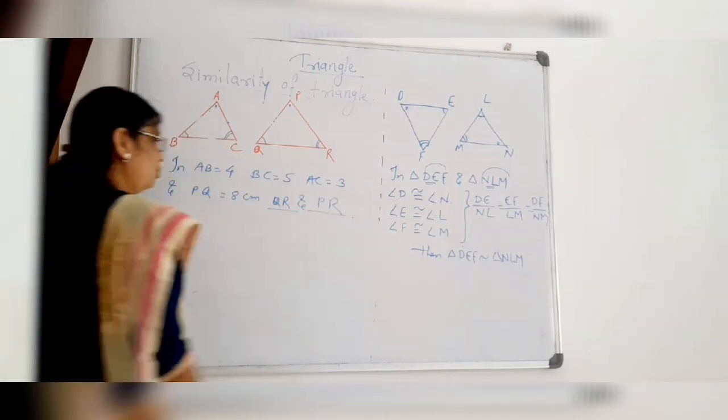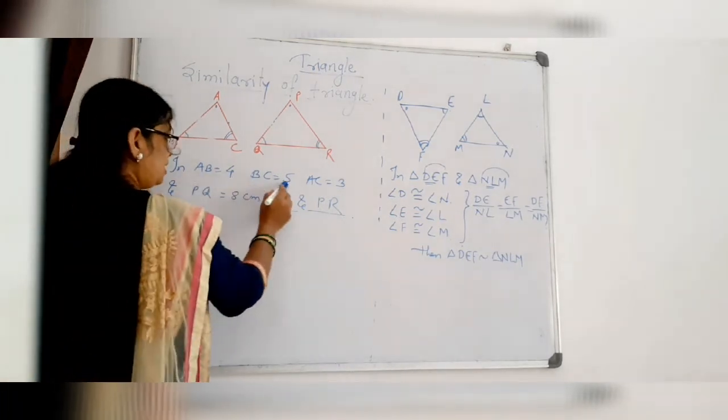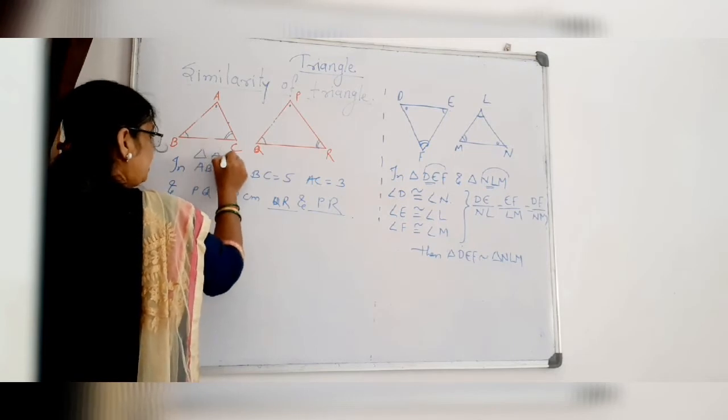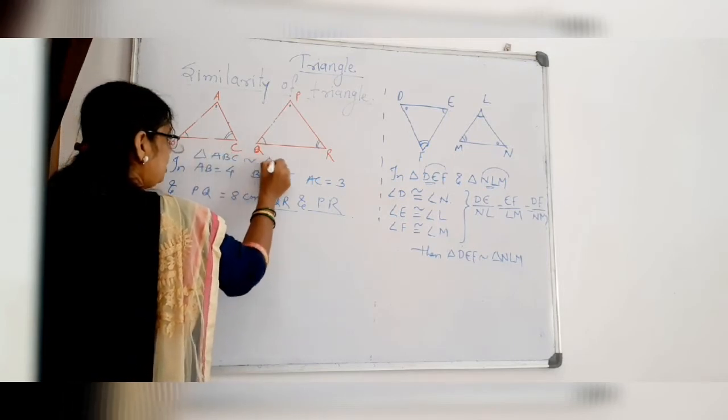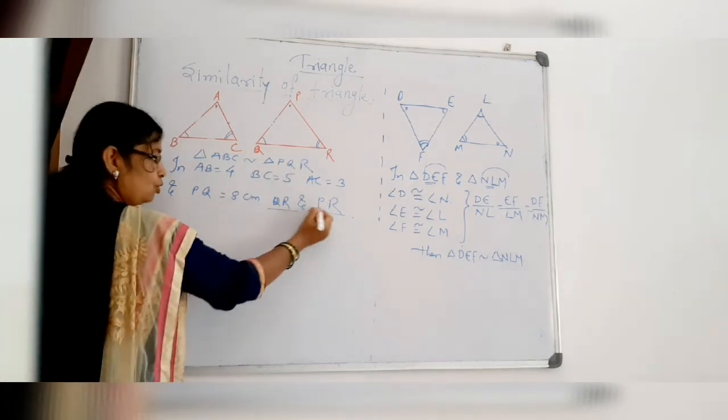Now what is given? AB is 4, BC is 5, AC is 3. And again what is given? Triangle ABC is similar to triangle PQR. That is given. You have to find out QR and PR.